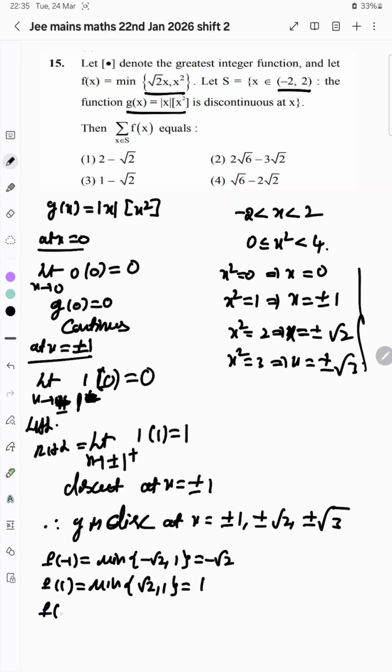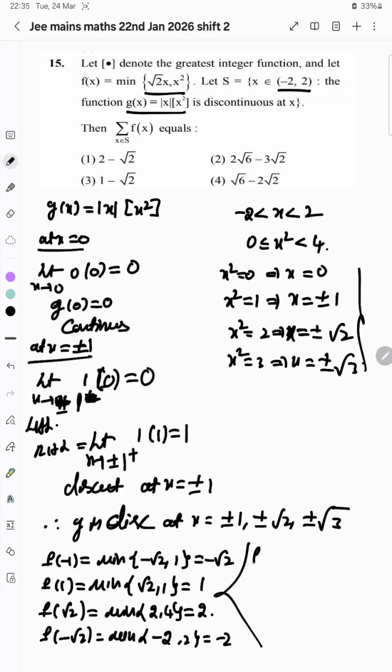Next, f of root 2: the minimum of, when you substitute root 2 into root 2x, it will be 2, and root 2 whole square is 2... the minimum of these two is 2. Next, f of minus root 2: substituting minus root 2, it will be the minimum of minus 2 and minus root 2 whole square, which is 2. So the minimum of these two is minus 2.